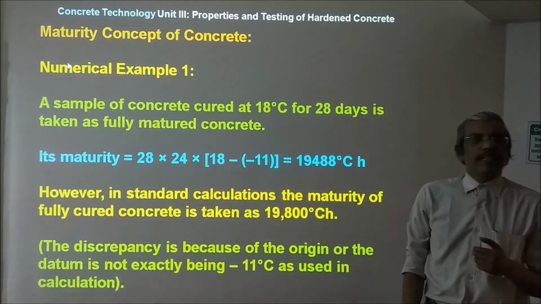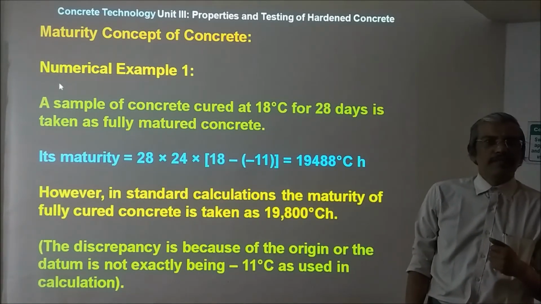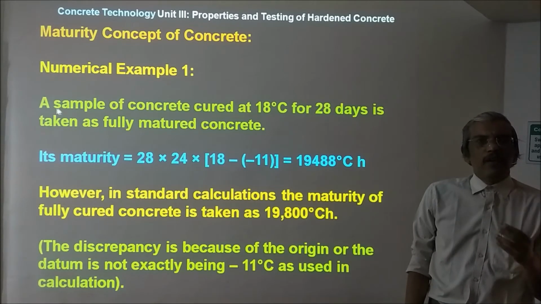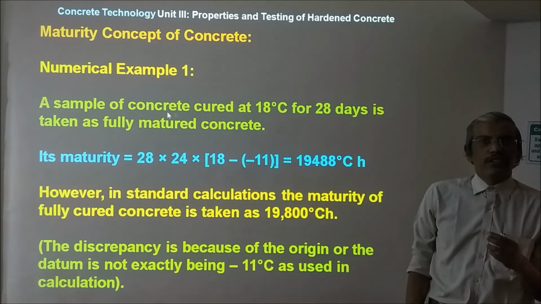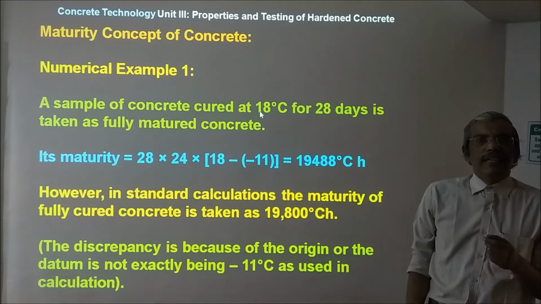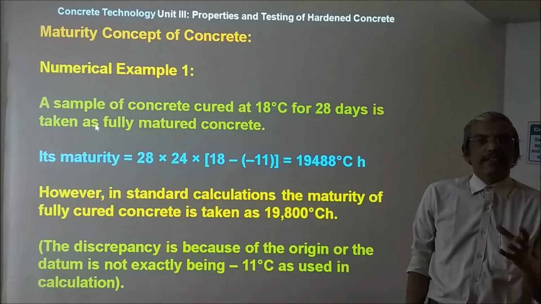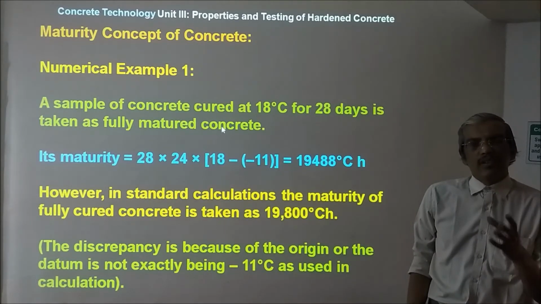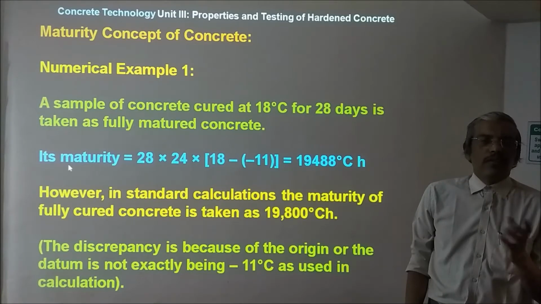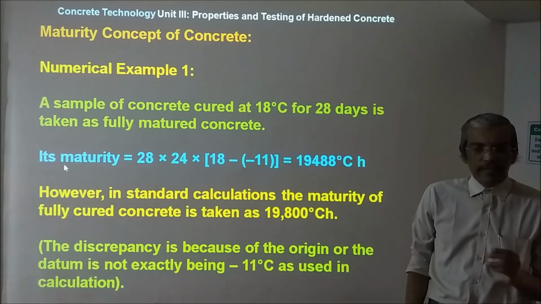So we will see here the numerical example. A sample of concrete cured at 18 degree centigrade for 28 days is taken as fully matured concrete. Now we have to find out its maturity.